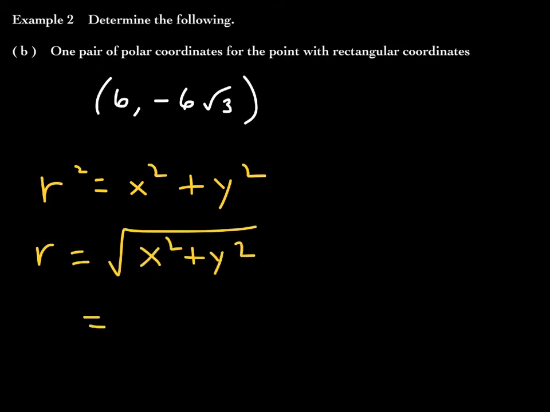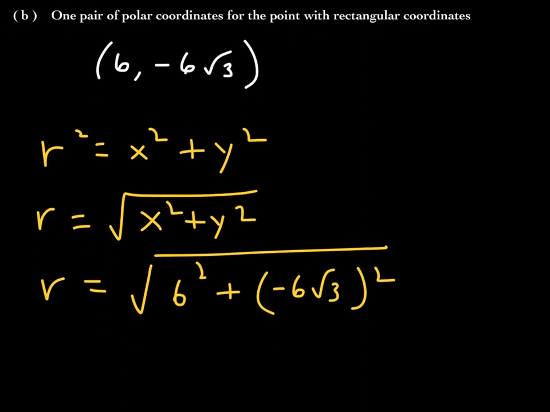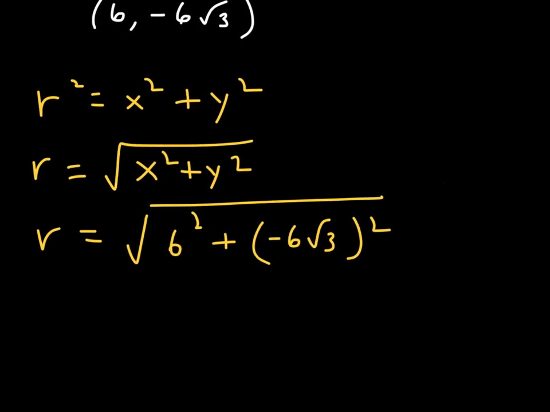In this case, it would be 6 squared plus negative 6 root 3 squared. Of course, the square root of all of that. So in this case, r would be equal to the square root of 36 plus 36 times 3, correct?